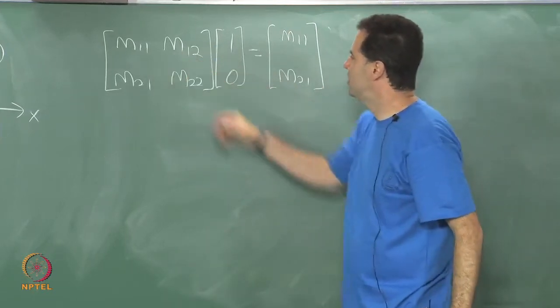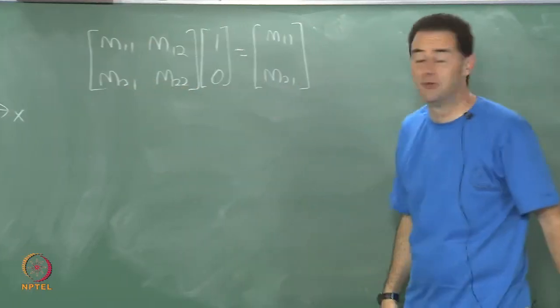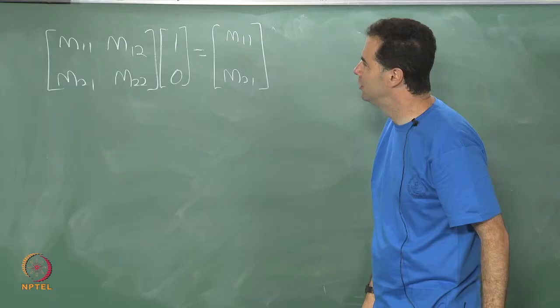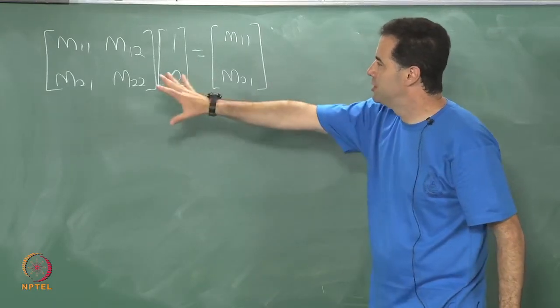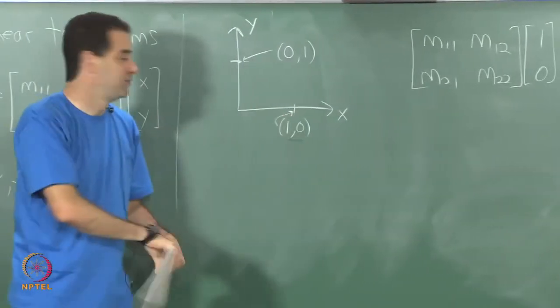I perform this multiplication and it drops off the second column. All I get remaining here is the first column by doing this operation. So, very interesting. It looks like when I perform this linear transformation, it tells me exactly what happens to the x coordinate axis, right.